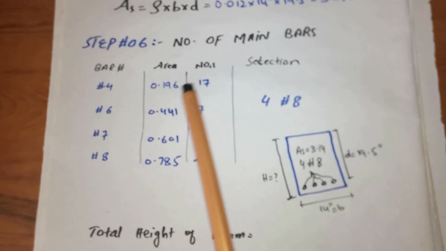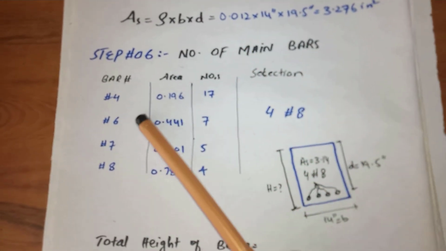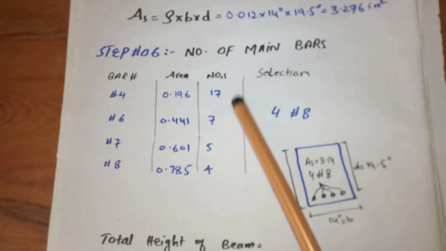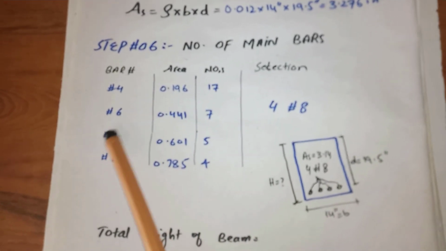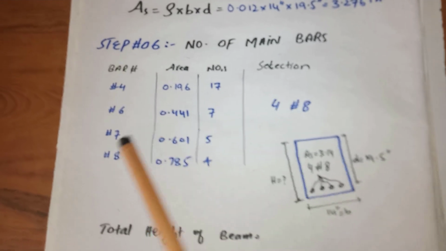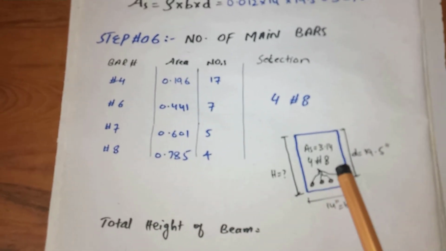If we divide this one by this one, we can get the number of bars, 17. For number 6 bar we get 7, for number 7 bar we get 5, for number 8 bar we get 4 bars that are to be used here in the section.